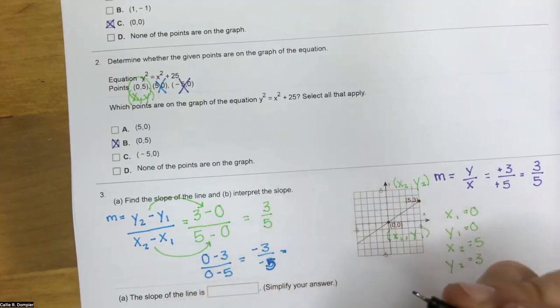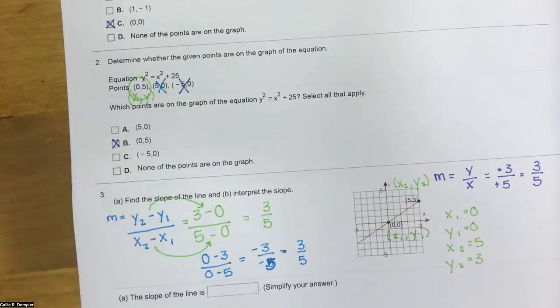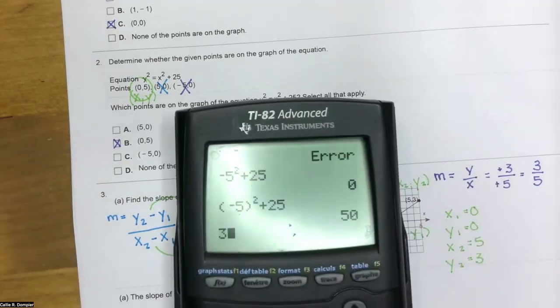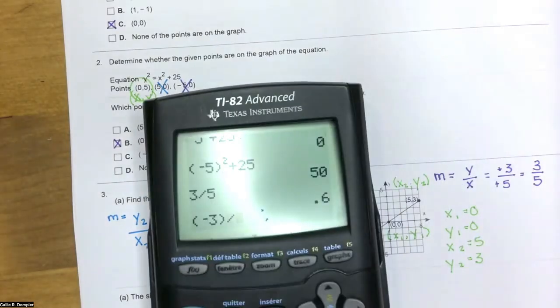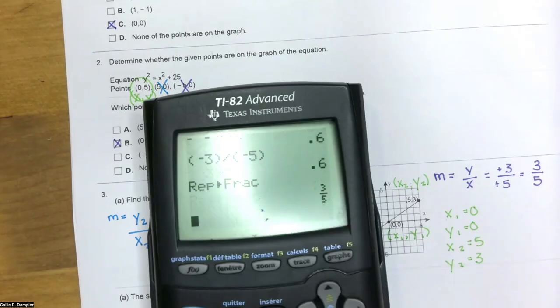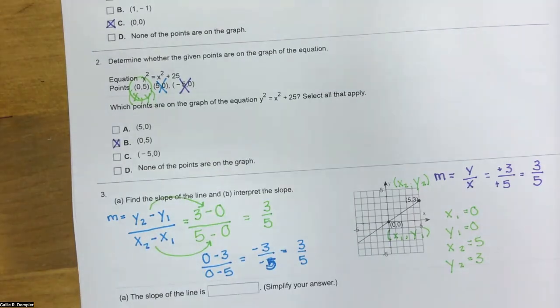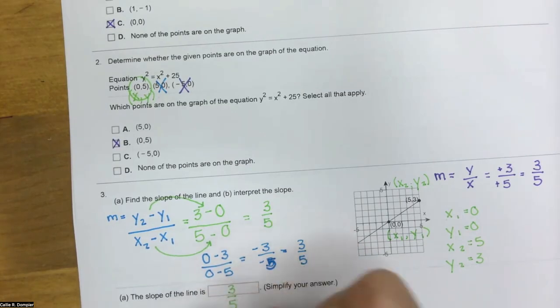A negative divided by a negative is a positive, so it's just going to be 3/5. 3 divided by 5 or negative 3 divided by negative 5, they're both a positive 0.6 or a positive 3/5. The slope of the line is 3 over 5.